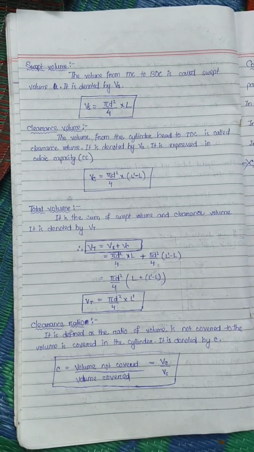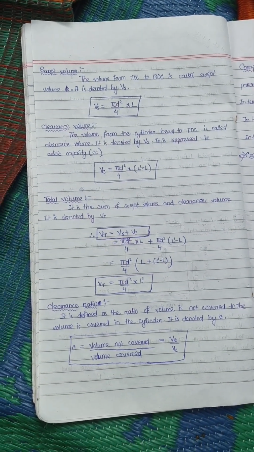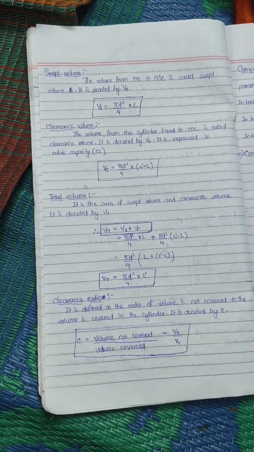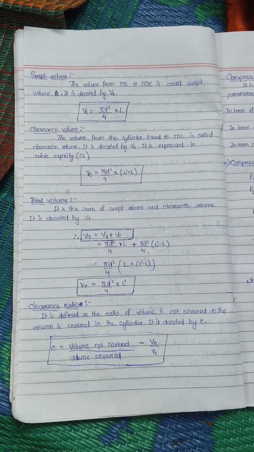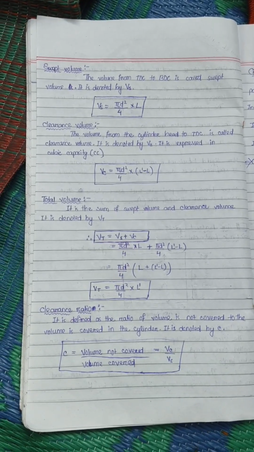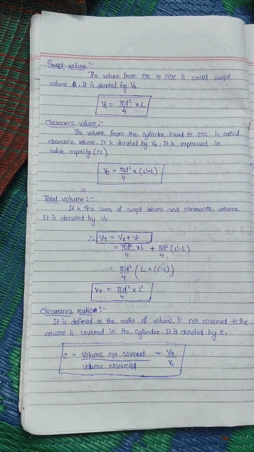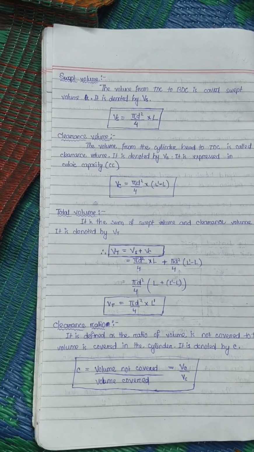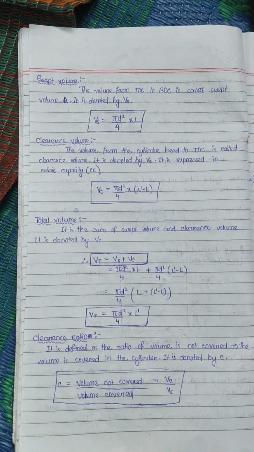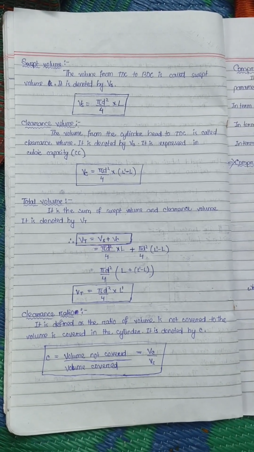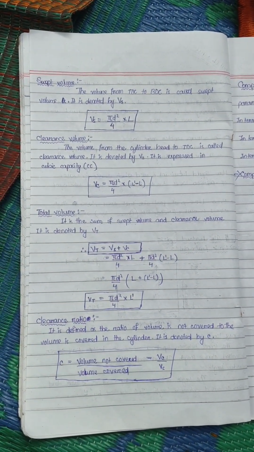Clearance volume: the volume from the cylinder head to TDC is called clearance volume. It is denoted by Vc. Vc is equal to pi d square by 4 whole into L dash minus L. Total volume is the sum of swept volume and clearance volume.